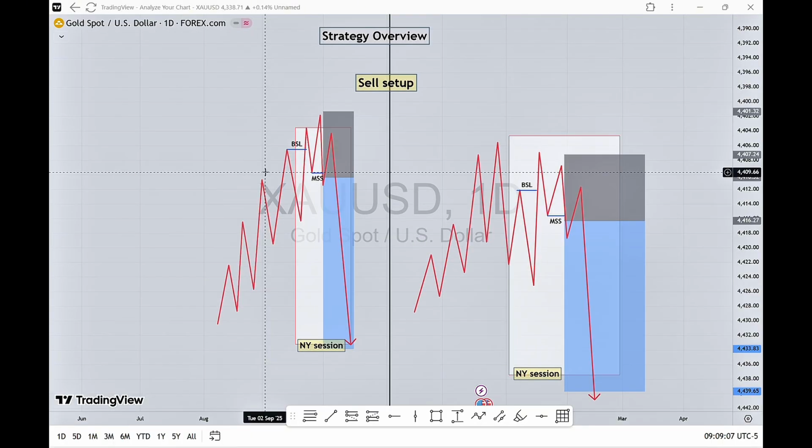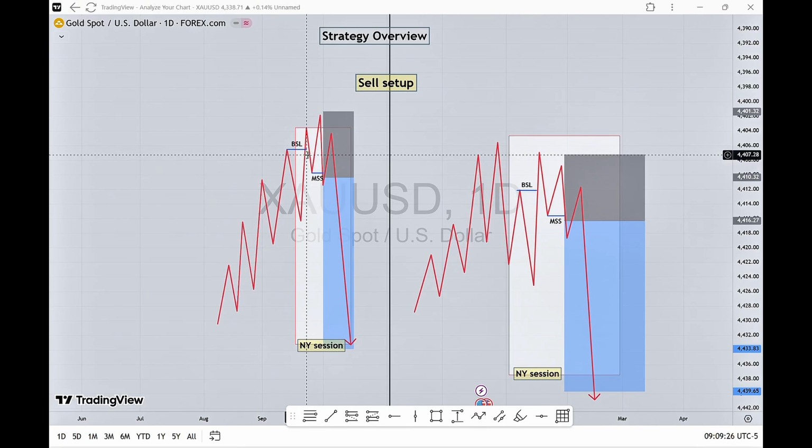The same thing could be applied for sells. I'm not going to take so much time on this. Let's say you're looking for sells. You look for the buy side liquidity from the previous session. As it enters New York session, you look for buy side liquidity to be swept from the previous session, which is the London session.